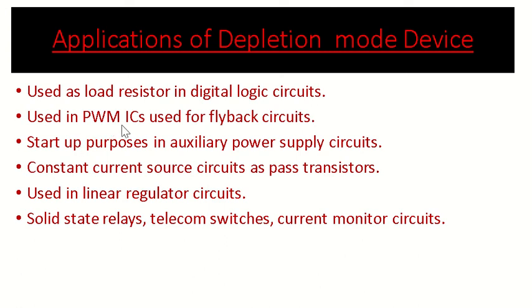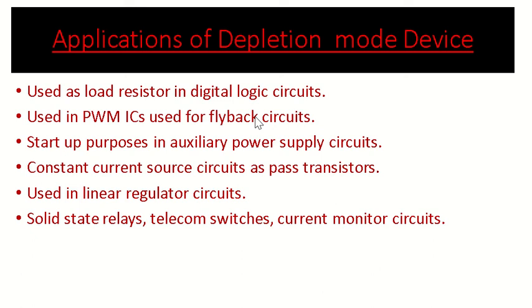Okay, it is also used in PWM ICs, pulse width modulation, used for flyback circuits. This is a kind of application, and it's the main advantage also, because a lot of PWM ICs are going to be required.